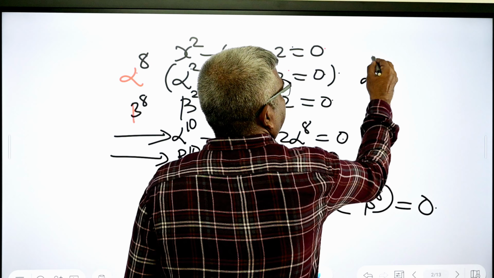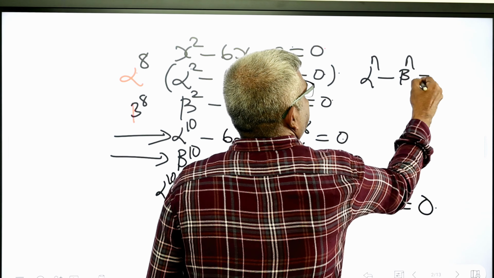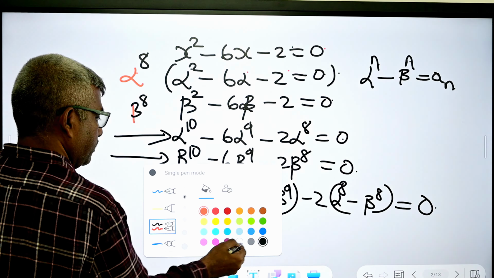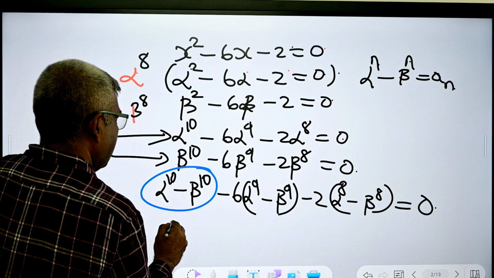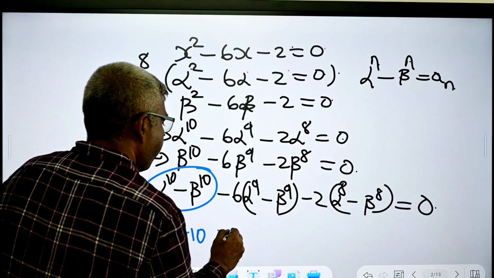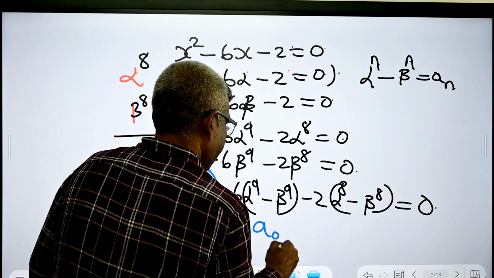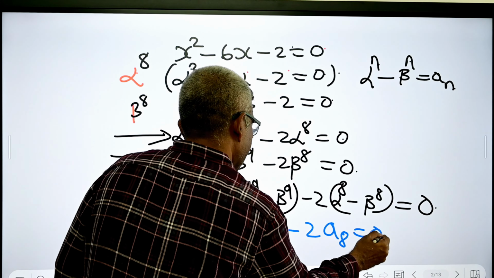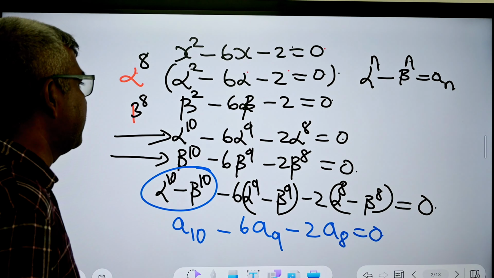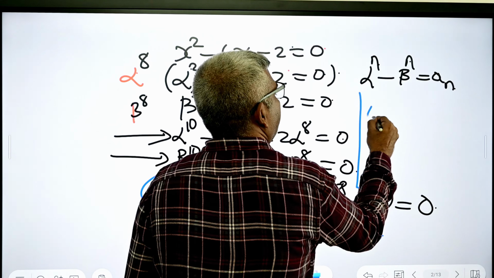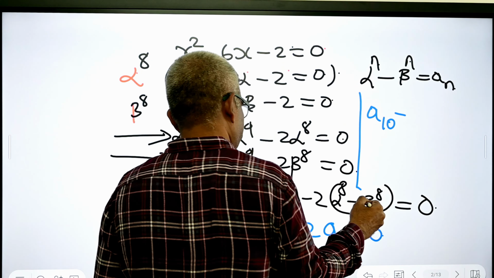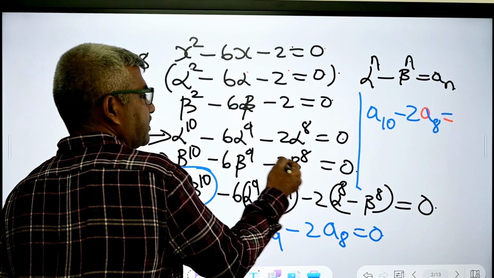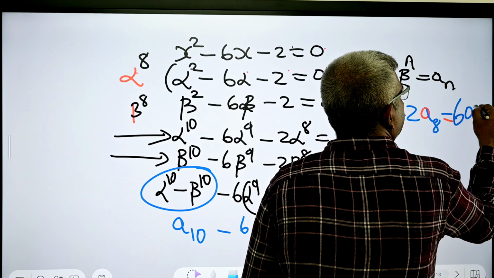They have given a_n. So this is a10 minus 6 a9 minus 2 a8 equal to 0. So a10 minus 2 a8 is equal to 6 a9.